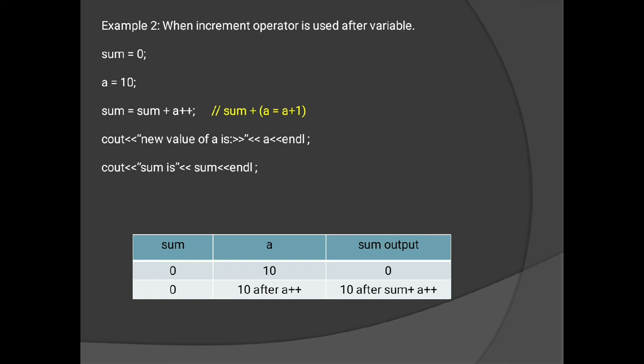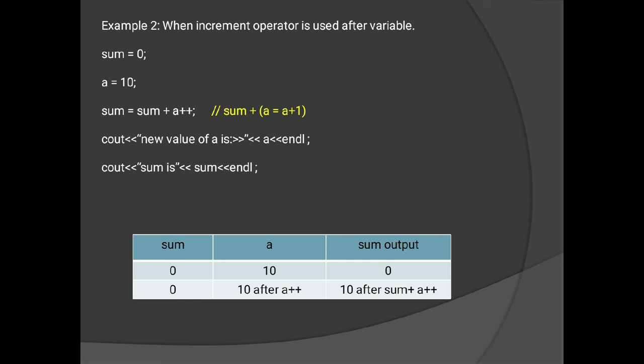Now after you do the addition, sum = 0 plus the value under a, and a will still remain 10 only, because the a plus 1 will not be added in postfix. So a will display the present value stored in the variable a, so 10 only.